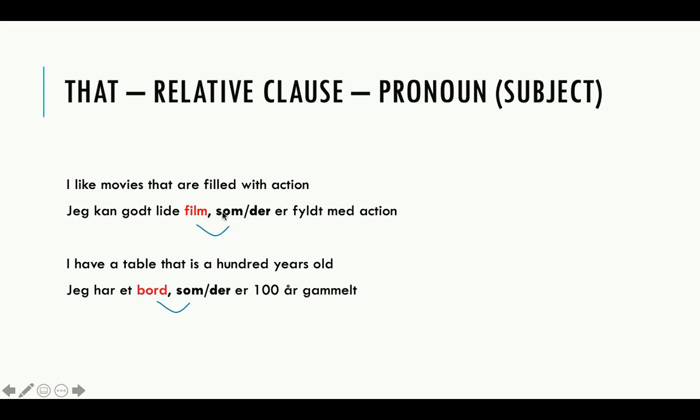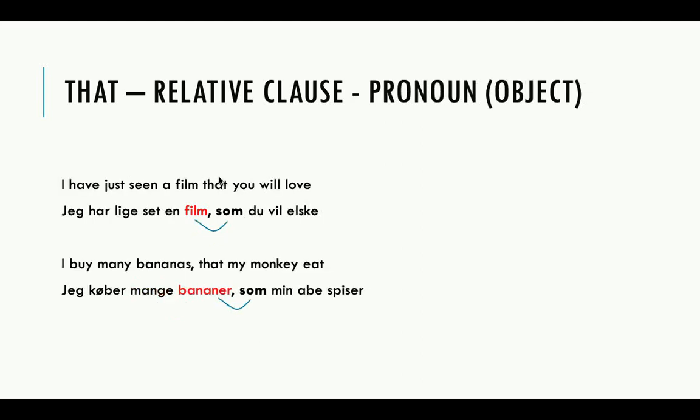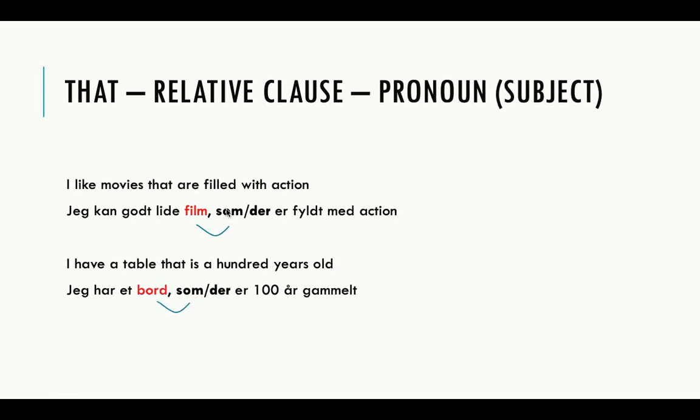In Danish, we use both of these words when it is the subject in the subordinate clause, in the relative clause. So that can sometimes confuse you a bit, because you can only use som when it's the object, but you can choose yourself if you would like to use som or der when it's the subject of the relative clause.